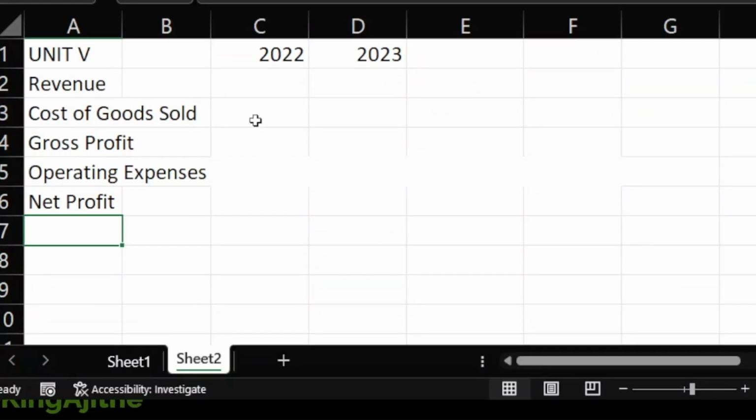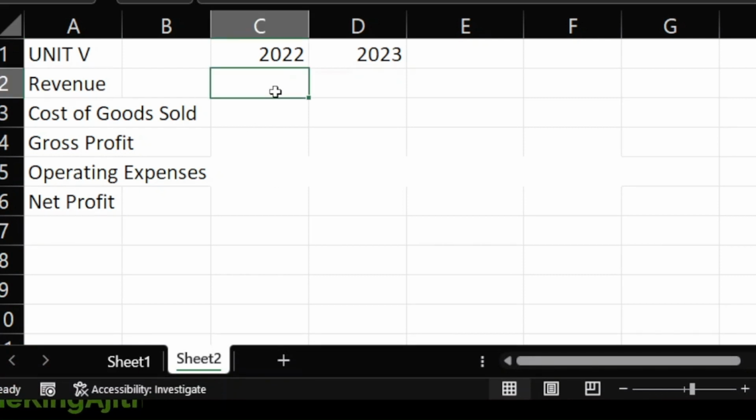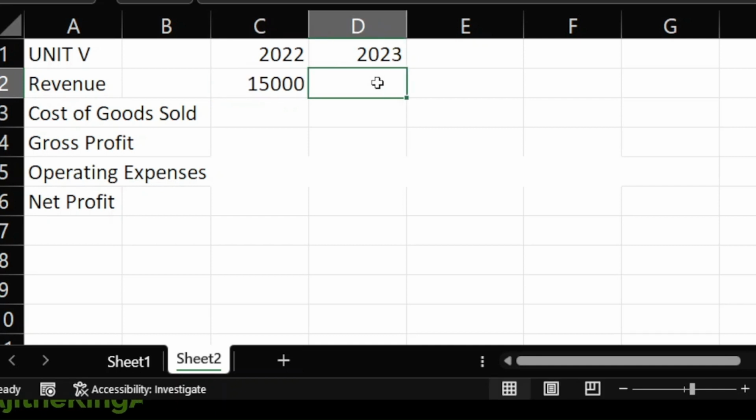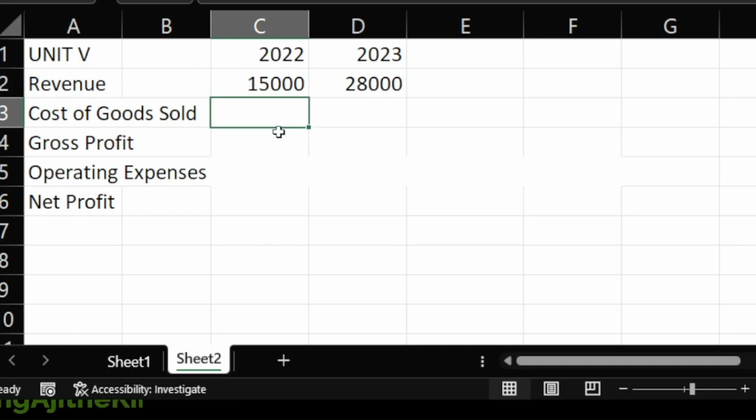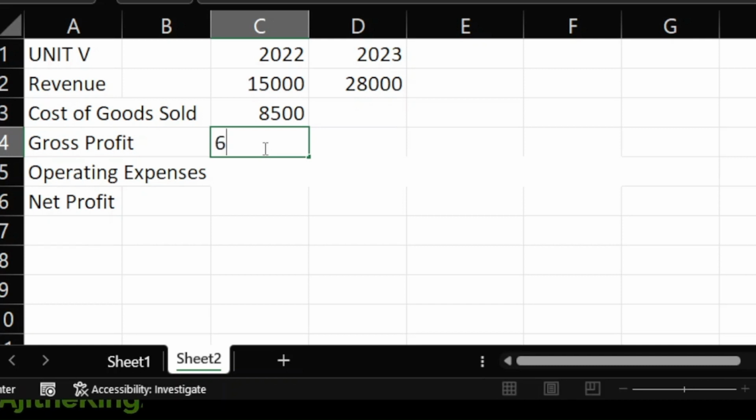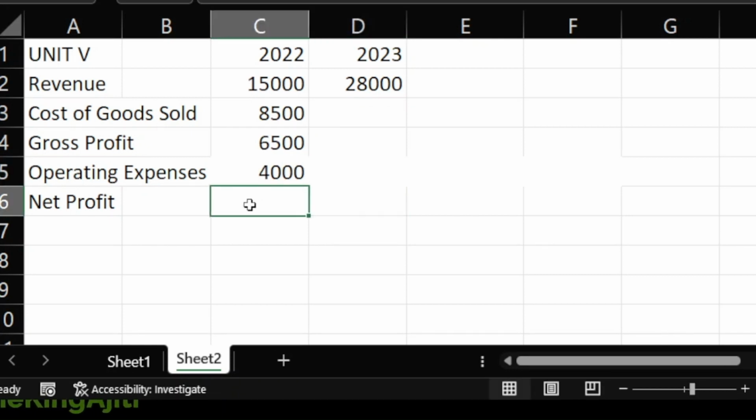Okay, we'll take some figures here. Revenue, it is 15,000, and in 23 it is 28,000. Cost of goods sold here it is 8,500. Thereby we will get a gross profit of 6,500, and then operating expenses are 4,000, assume.